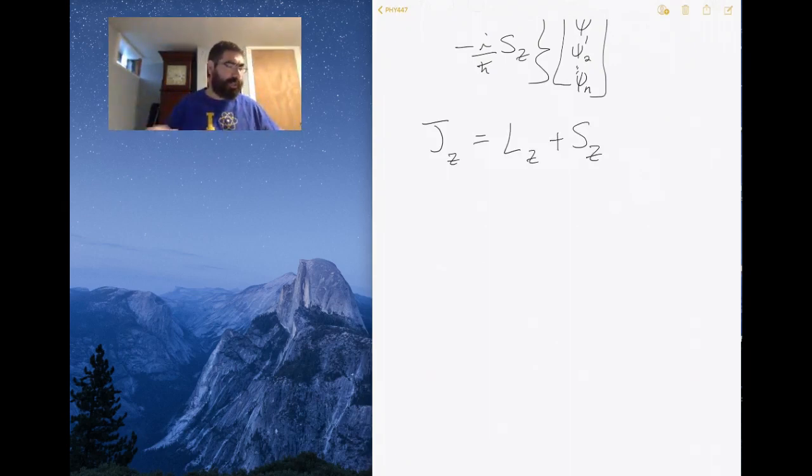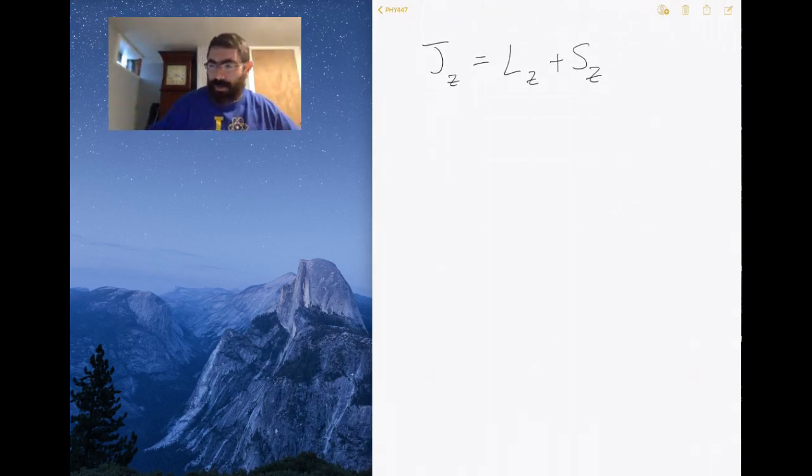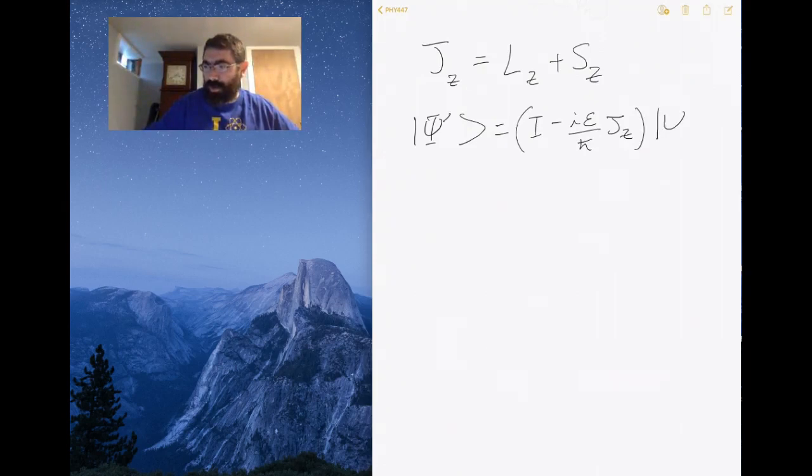So we're going to combine the two together. Now I can write my state in a more compact form: I minus i epsilon over h bar Jz operating on the original wave function state psi. That's just for rotations about the z direction.